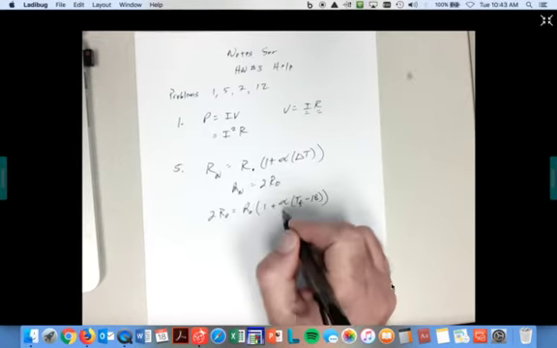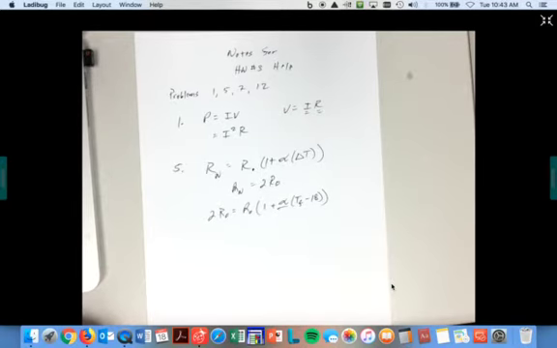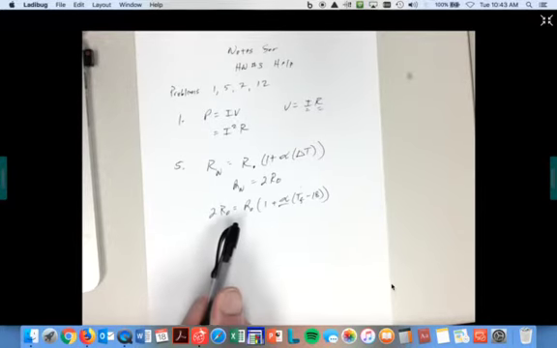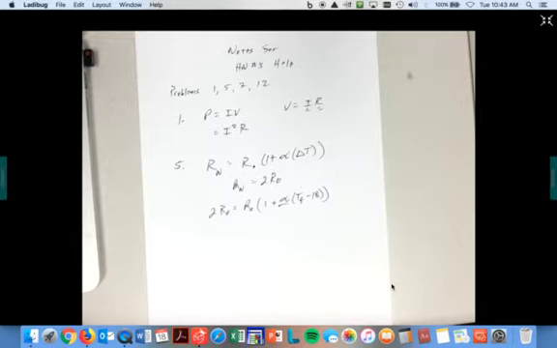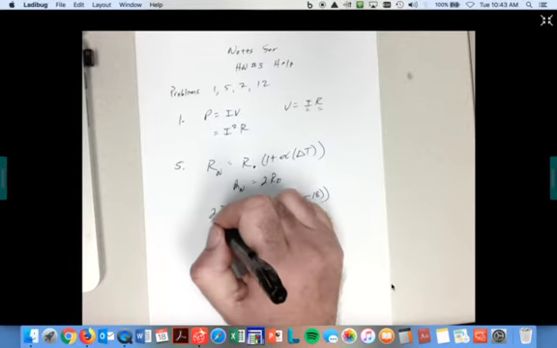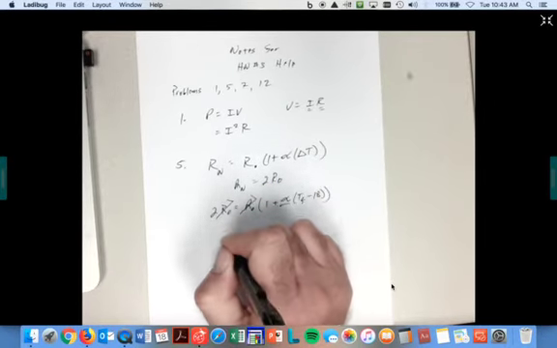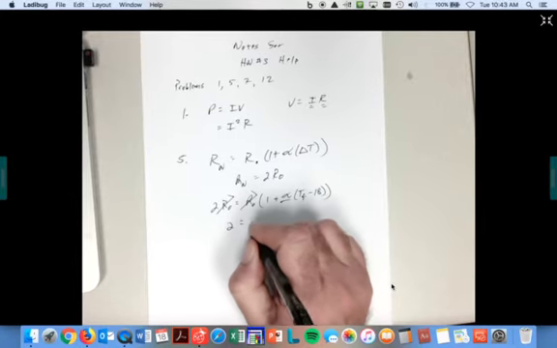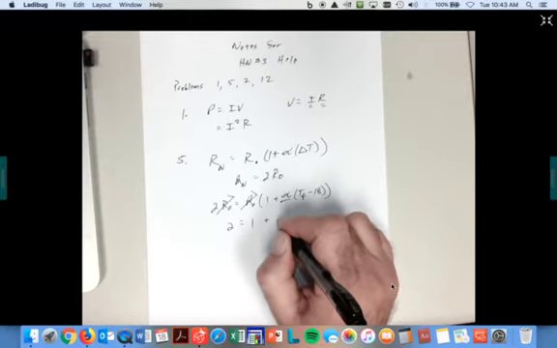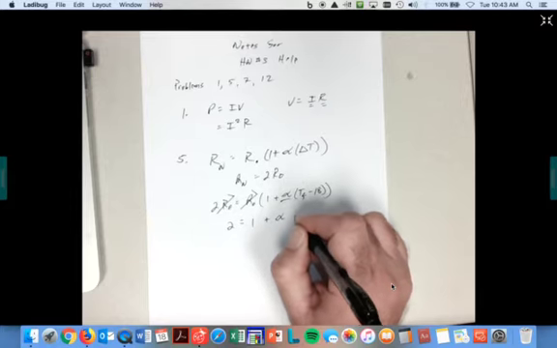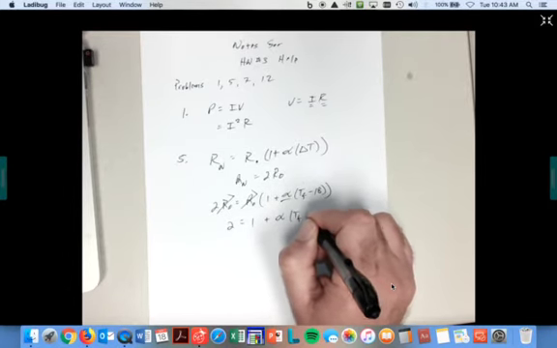They gave me that alpha on the chart. I think what was probably messing you up was they didn't give me R naught. Well, I don't need R naught, because those two cancel. So I've got 2 is equal to 1 plus alpha times T final minus 18.